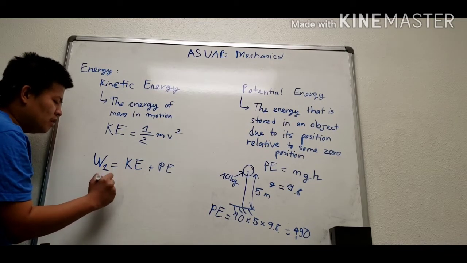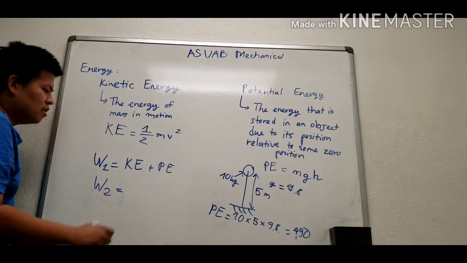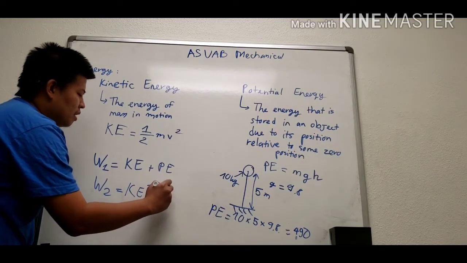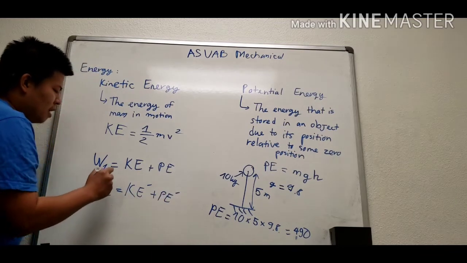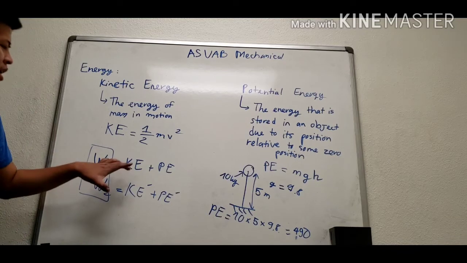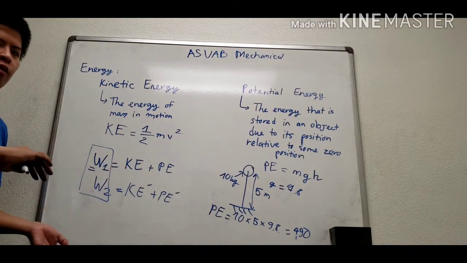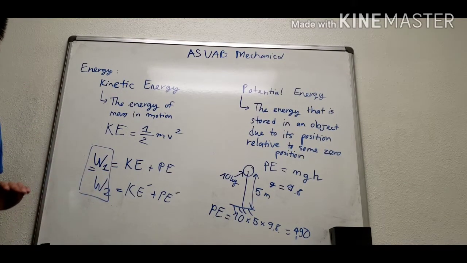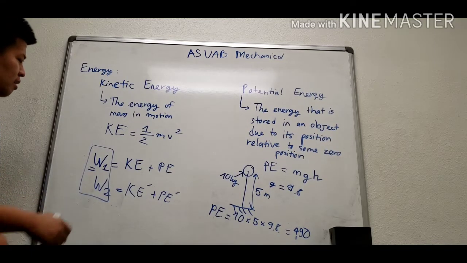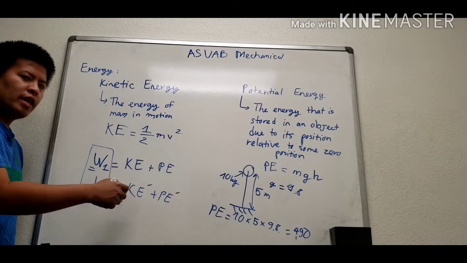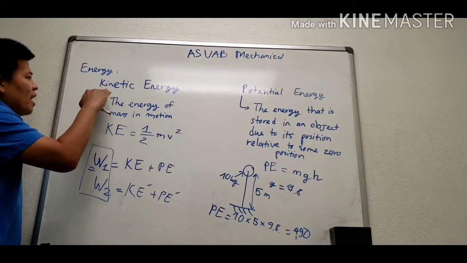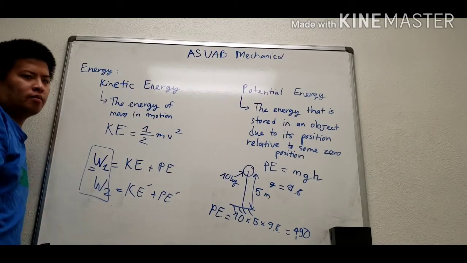If they go to the new location, they will be the same, because the energy just transforms from kinetic to potential, or the potential energy transforms back to the kinetic energy. But the total value, if they sum together, they are the same, because the total energy in here did not change.